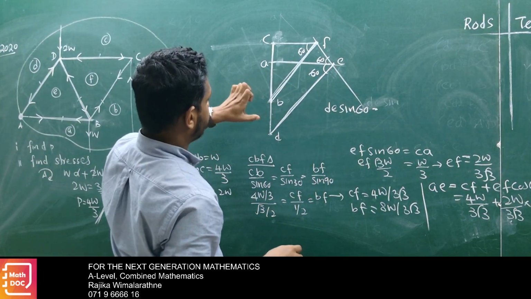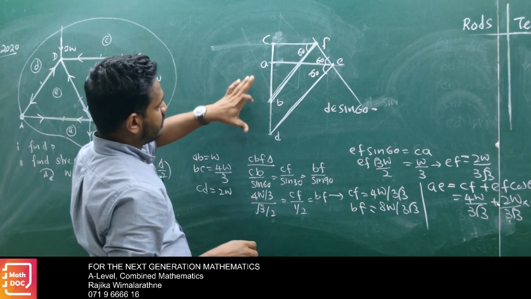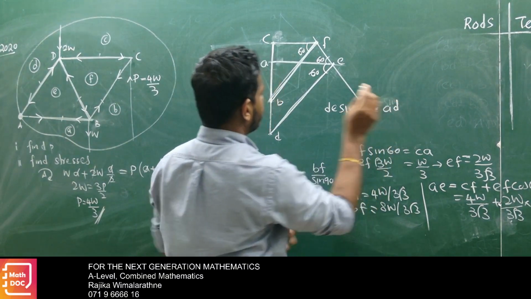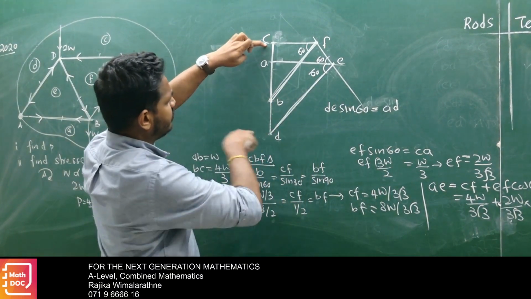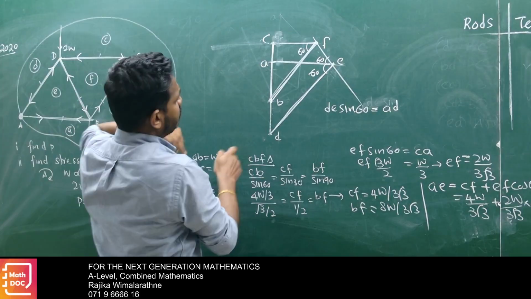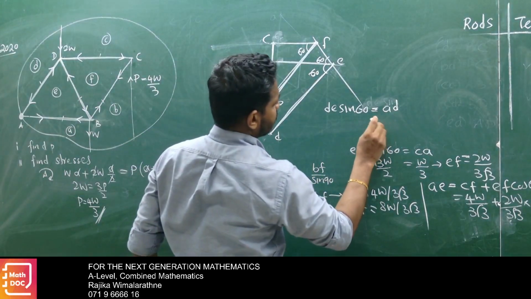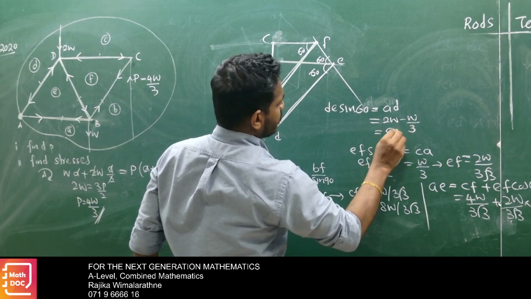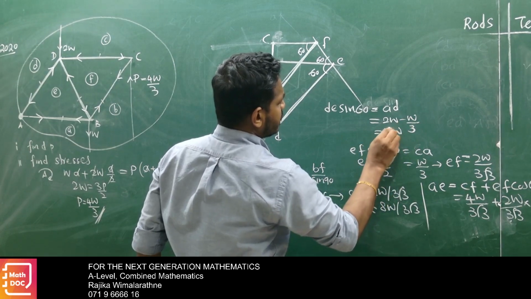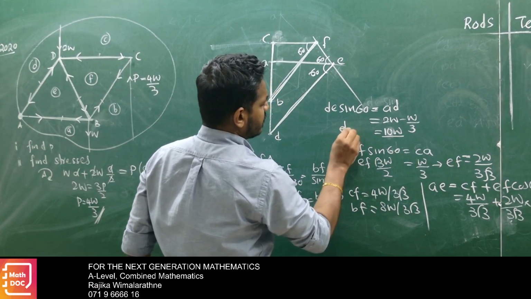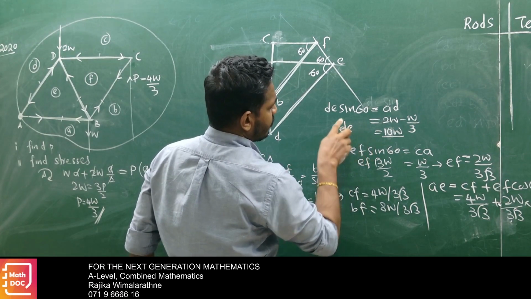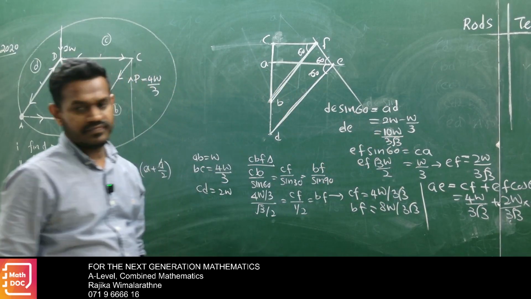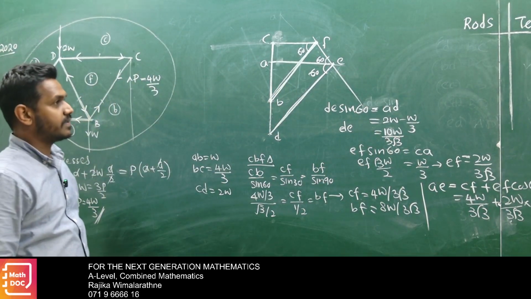DE sin 60 equals AB minus AD, no? See here, 2W minus W over 3. So DE is 10W over 3√3. Now all the values are okay.